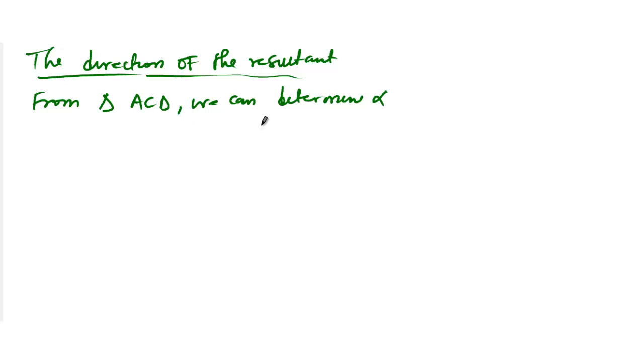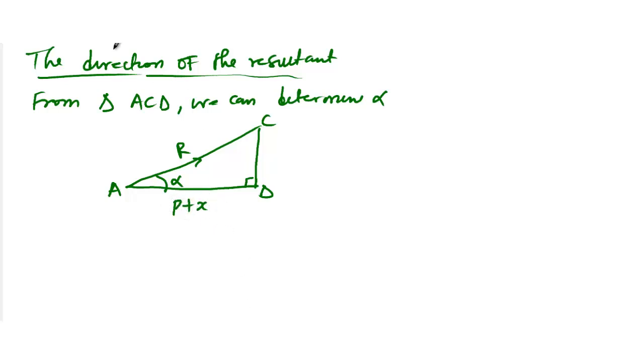That particular triangle will look like this. It's a pure right triangle. So this is alpha, this is R, don't forget. Then this is C, this is A, and this is D.